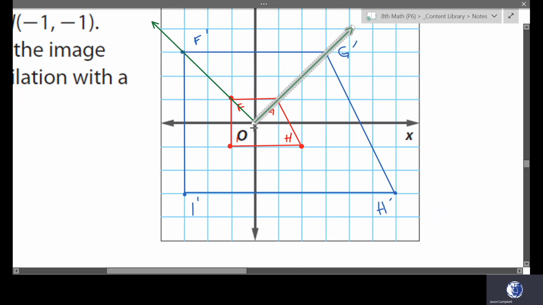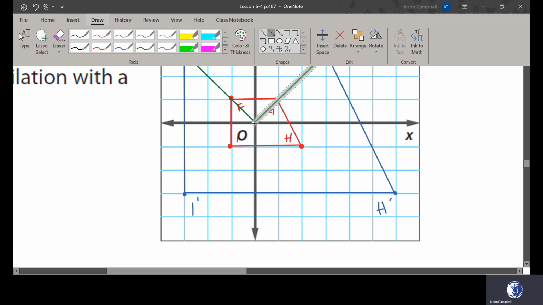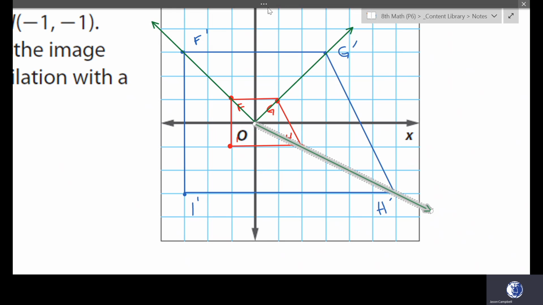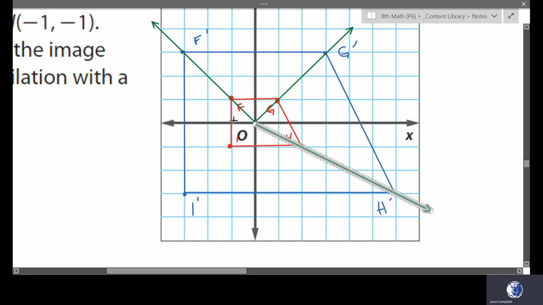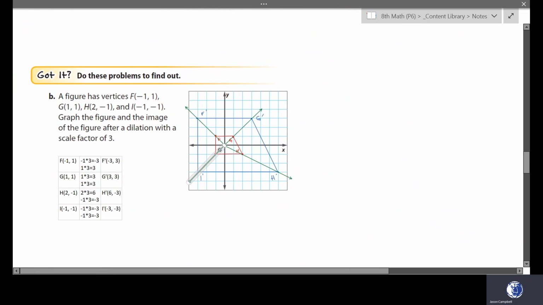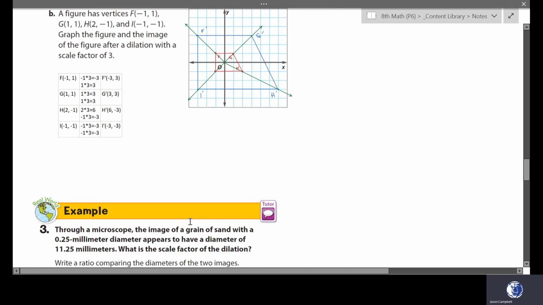Let's do another line. These points, that one works. So then this one should work as well. And it does. So as I zoom out here, you can see the pre-image, the image, and the line that goes from the origin through all the points that are necessary.